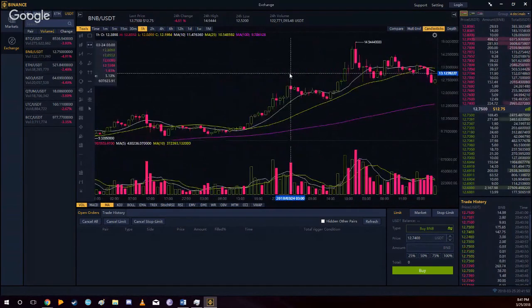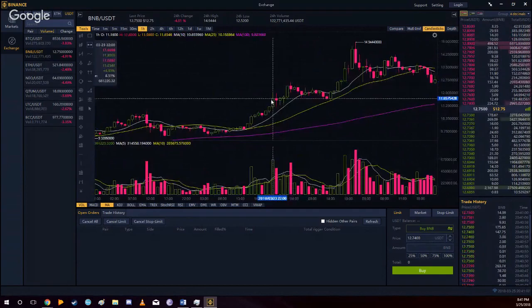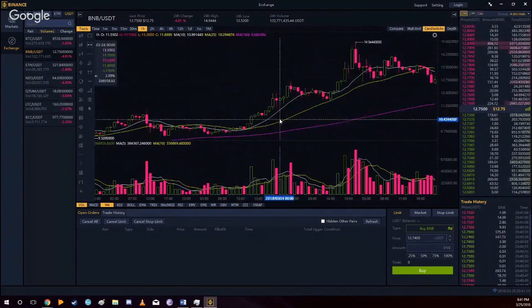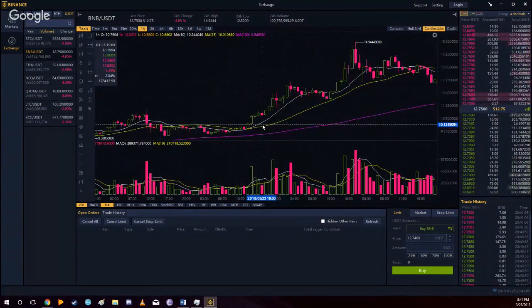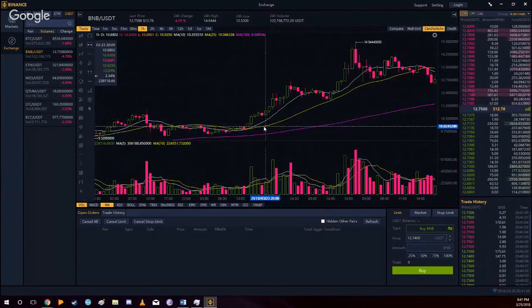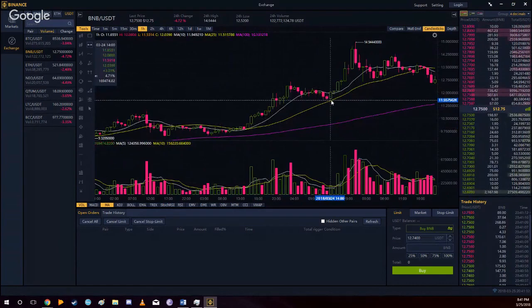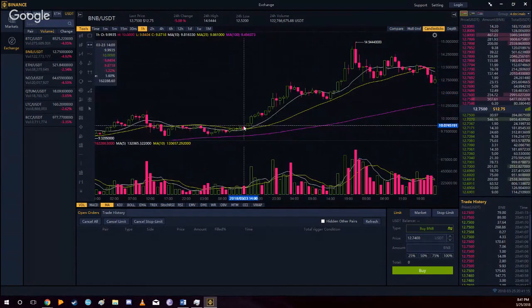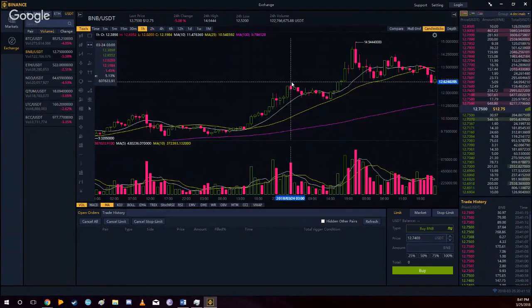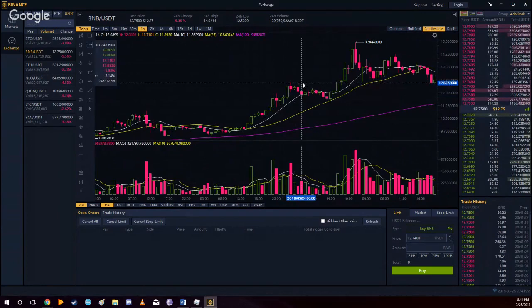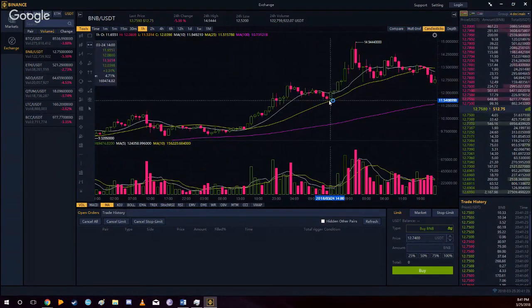And on the 1-hour chart, as I said before, it moved above the MA25 line, and it hit it here. So this was the first Elliott wave, the first impulse of this pump. It had a nice correction.